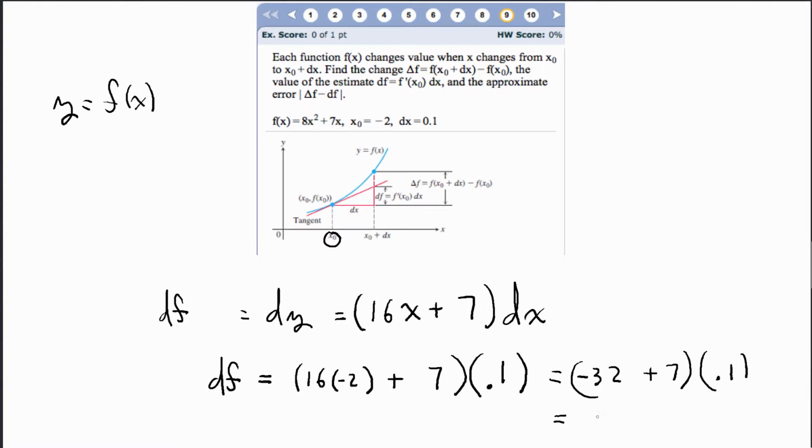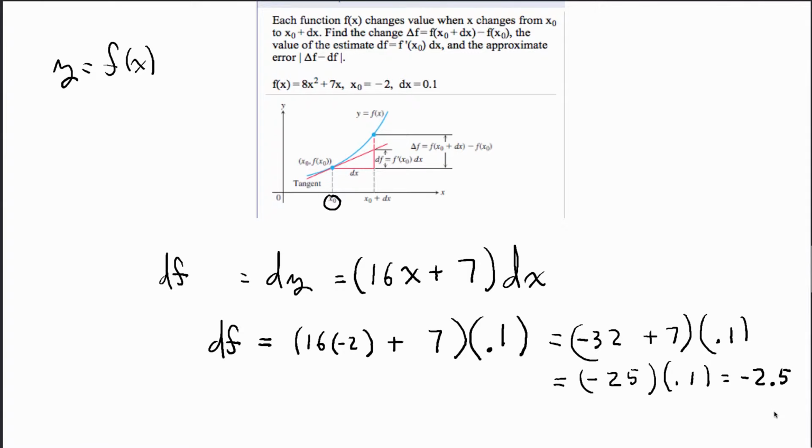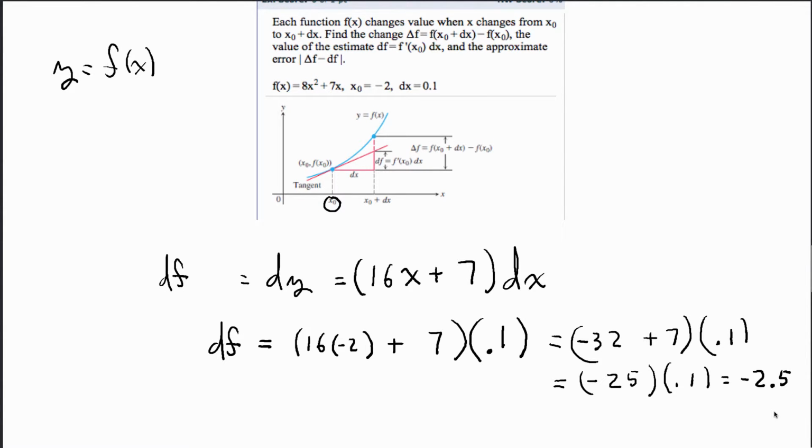So this is negative 32, so if I add 7, negative 25 times 0.1. So in this case I can do this without a calculator, so it's negative 2.5, right? All right, so that's our dy.